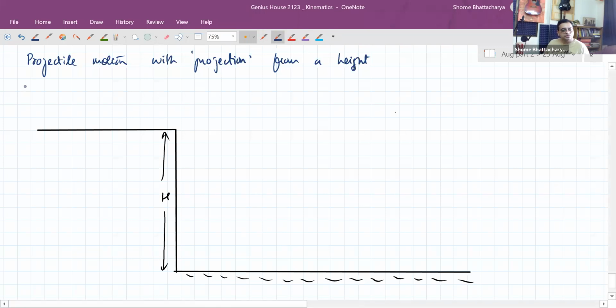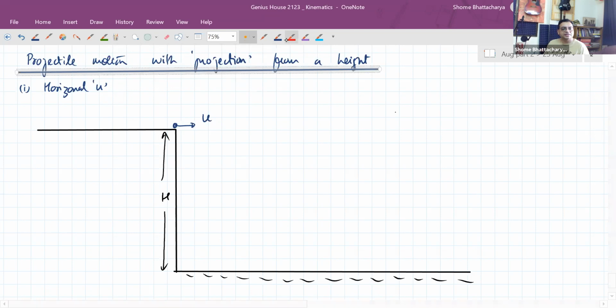Now, the first case we look at is horizontal projection. If we project an object horizontally from here, then interestingly, even this will have a parabolic path, but it is only one part of that parabola that we had seen earlier of ascent and descent.